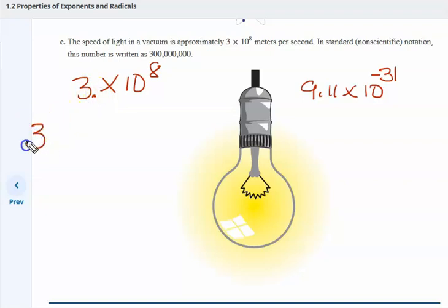So that would be 3. And then we're going to add, not decimals, but places, 8 zeros. 1, 2, 3, 4, 5, 6, 7, 8. So making that easier to read, 300 million. Wow. The speed of light is fast.